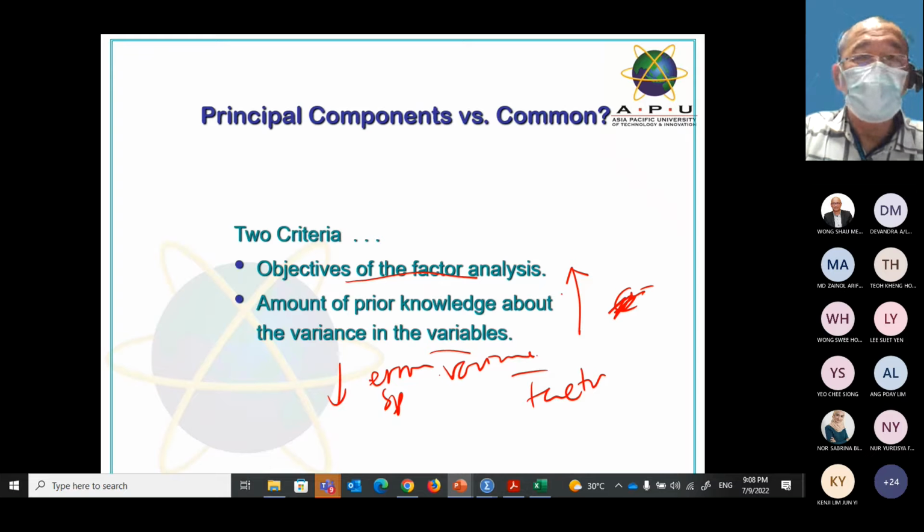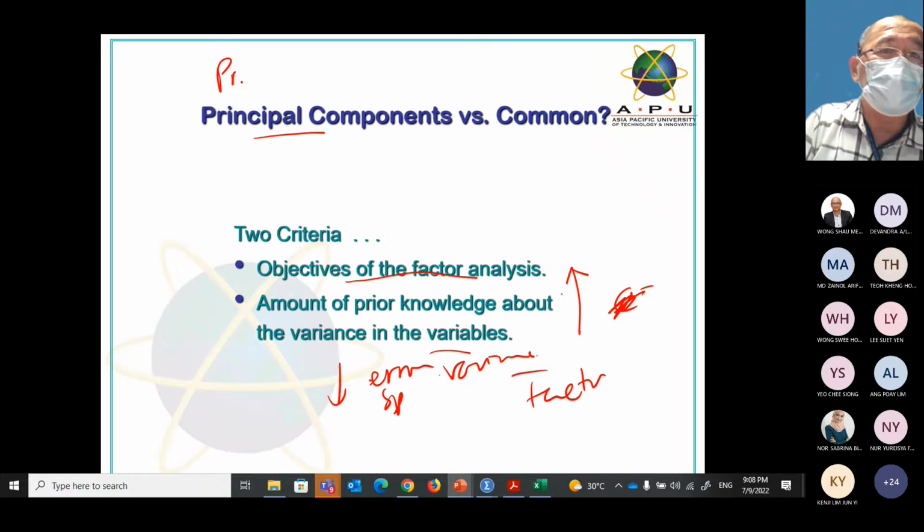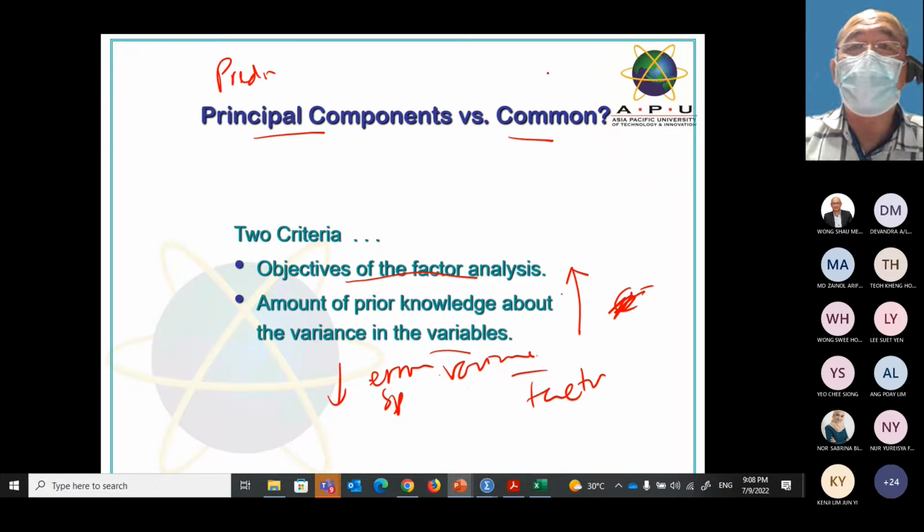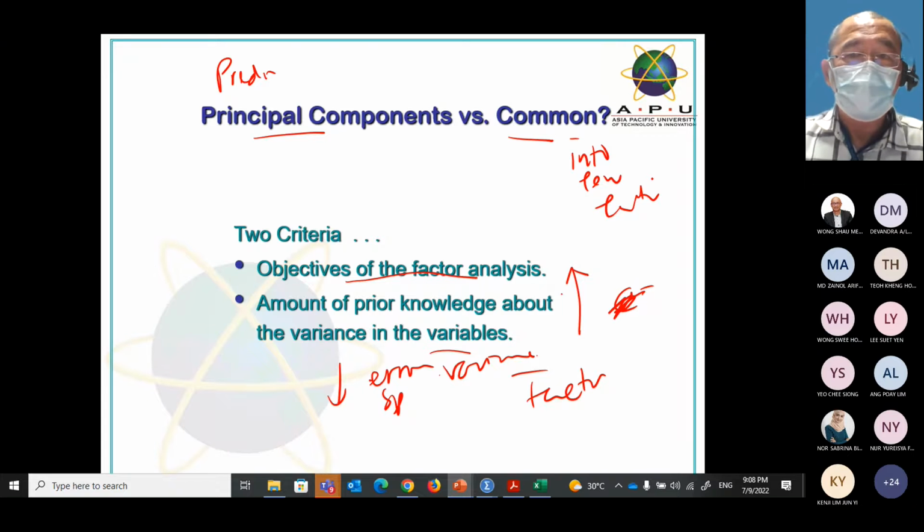I think we discussed a bit just now. The principal component is for prediction, and this other one is for when you want to reduce the variables into only a few factors. So this is the difference. If no problem, now we see.